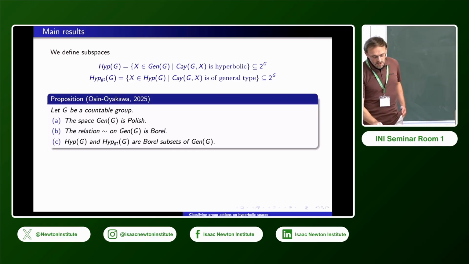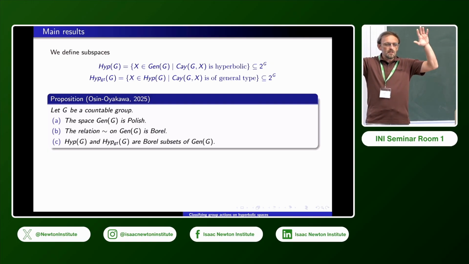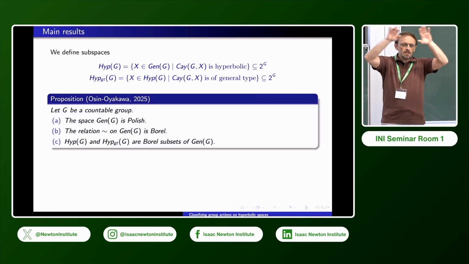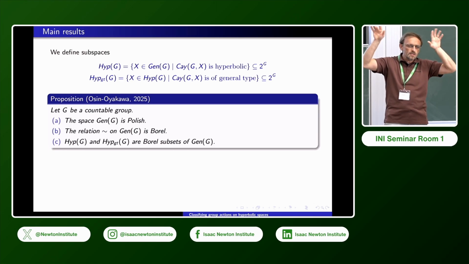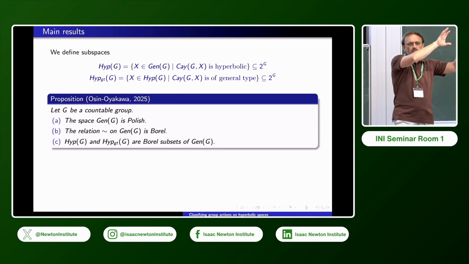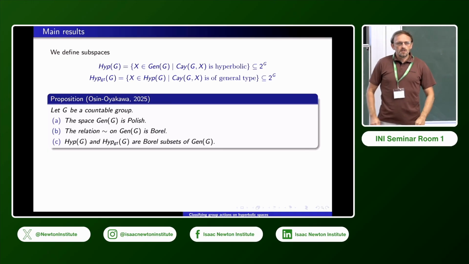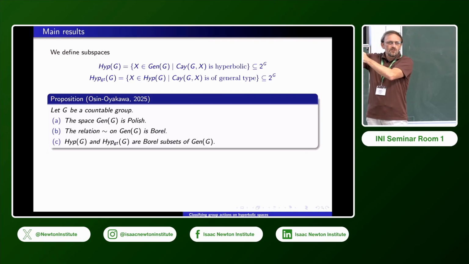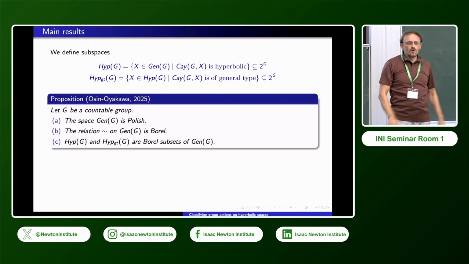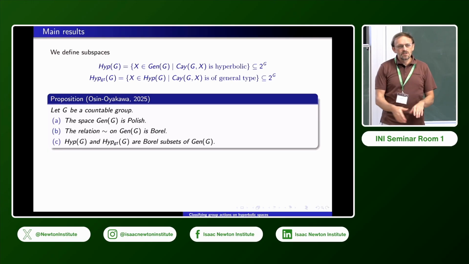Yeah, well, in the general situation, if you have two actions of a group G, we say that two actions are equivalent if there is a coarsely equivariant quasi-isometric embedding from one space to the other space and vice versa. So if you see one action inside the other and the other action inside the first one. And when you restrict to co-bounded actions, it is essentially what I defined.